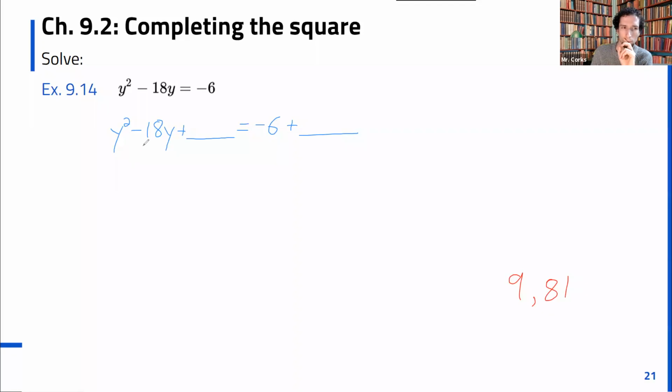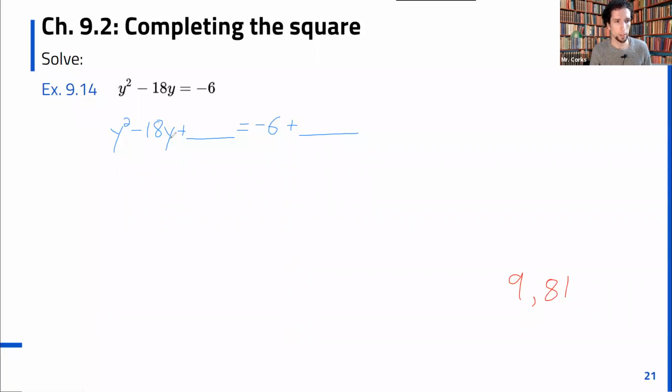Like 2m times y equals negative 18y, right? And m. Okay, let's talk through the method step by step. What's the first thing that we should be looking at? M is 9. Tell me how we are getting there. Divided by 2.